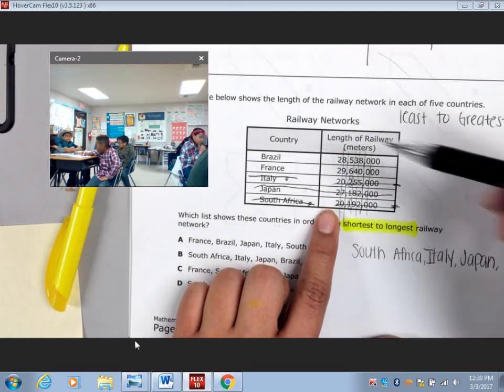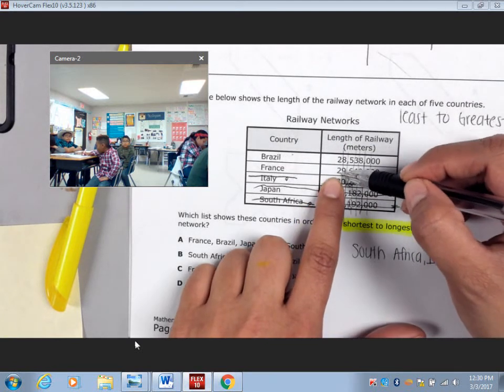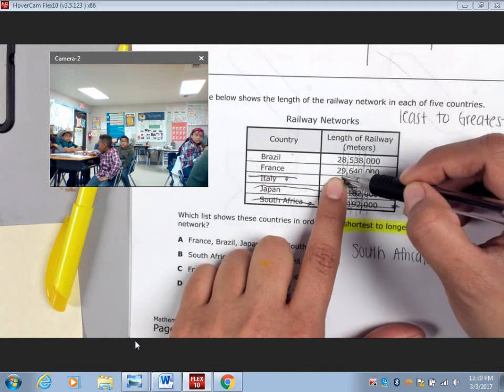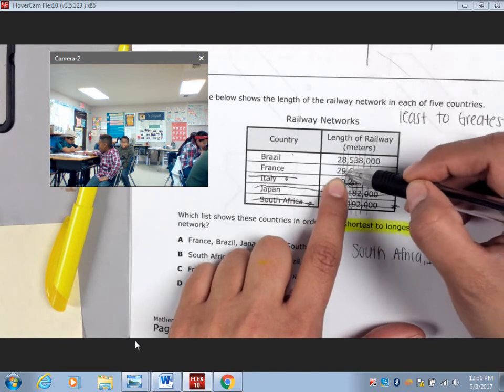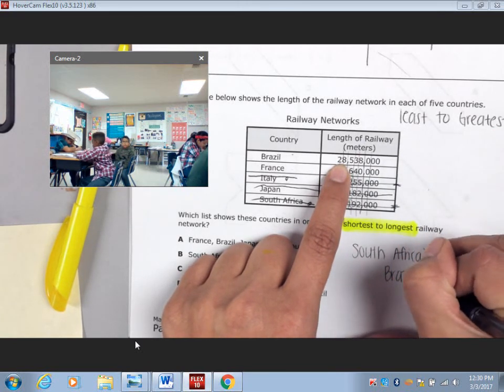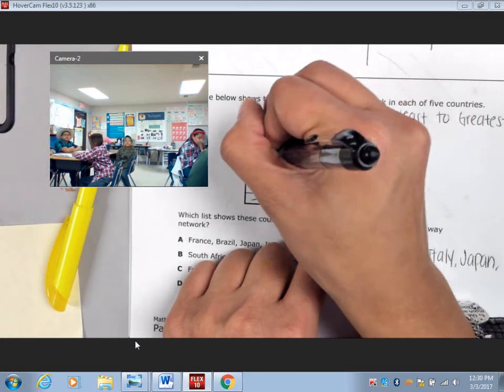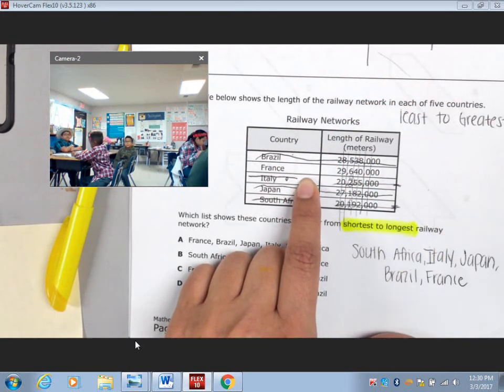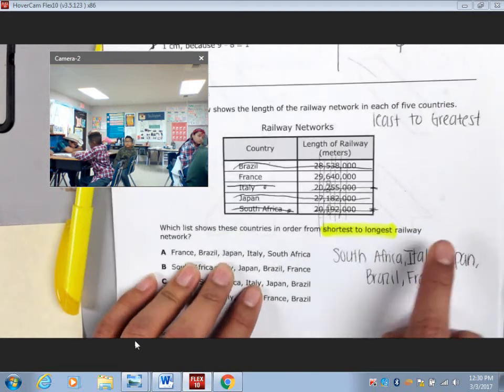Cross it out. So we look at Brazil and France. 2 and 2. 8 and 9. 8. So Brazil is next. And that would leave one left, which is what? France. This is the order. I wrote it down.